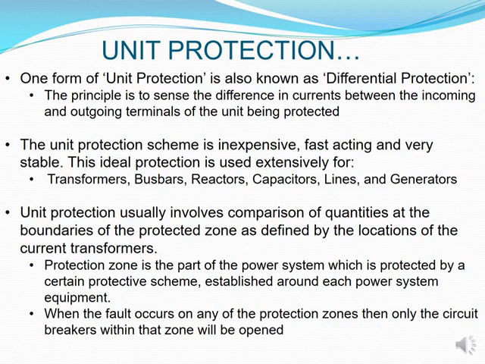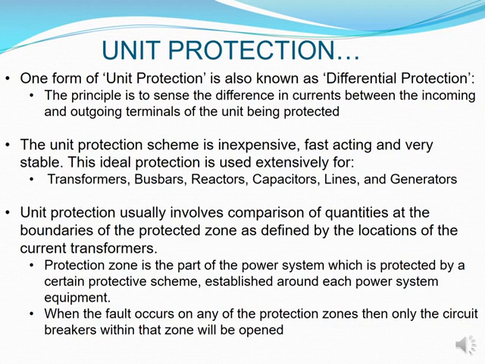In our unit protection scheme, we usually define the scheme as inexpensive. It's fast and it is quite stable as it only looks at a small portion of your entire system. Therefore we utilize it for all different types of equipment on our systems.